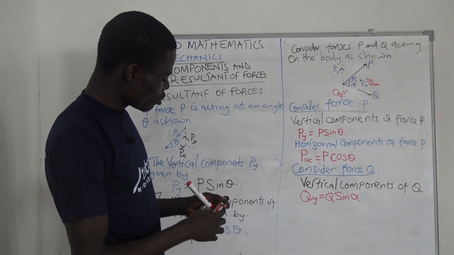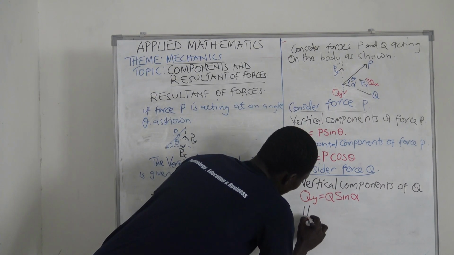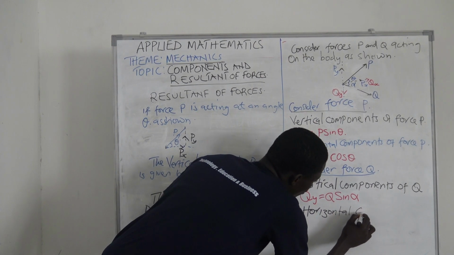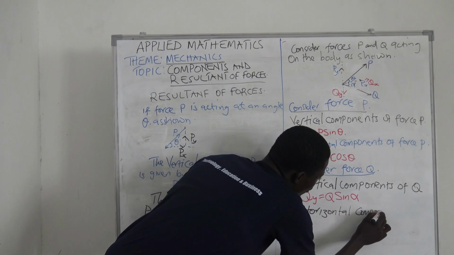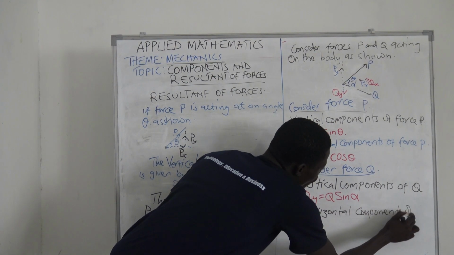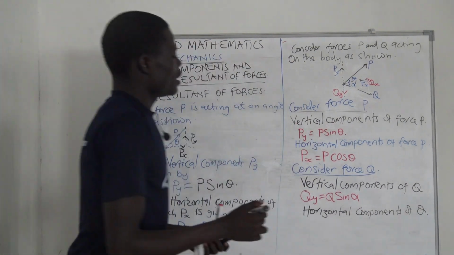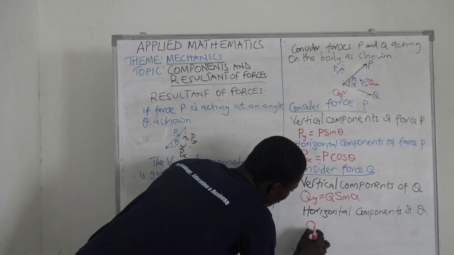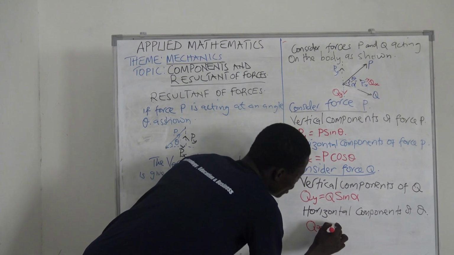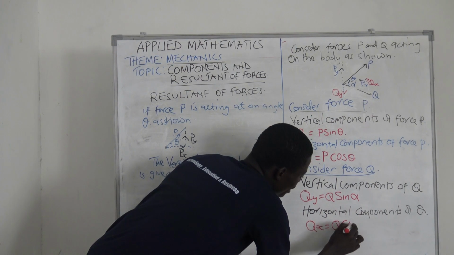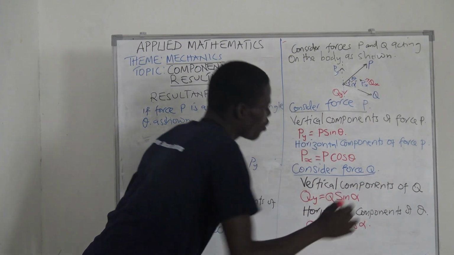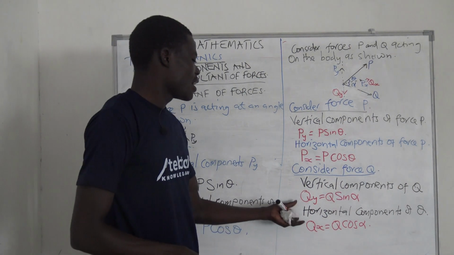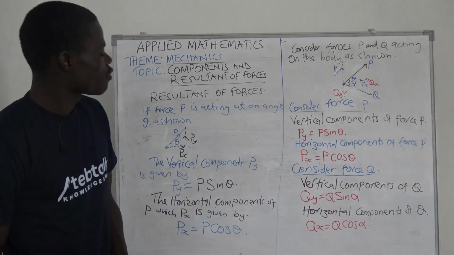Then the horizontal component of Q is given by Qx, which is Q times the cos of the angle. Those are the two components of forces.